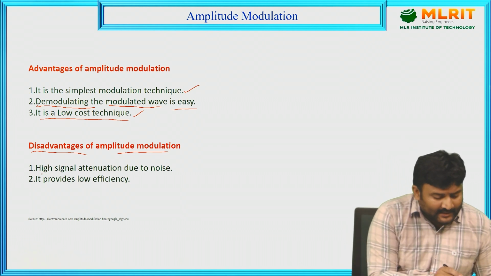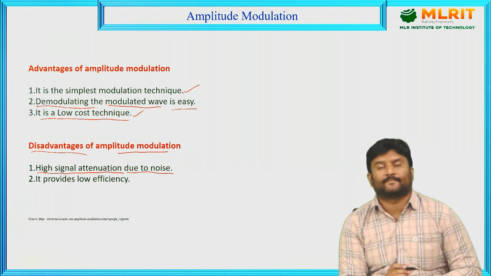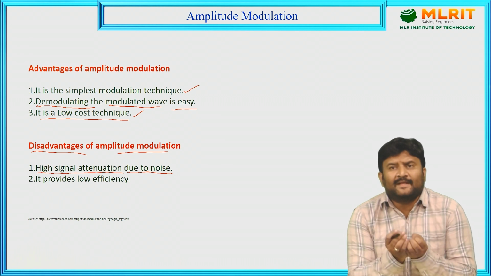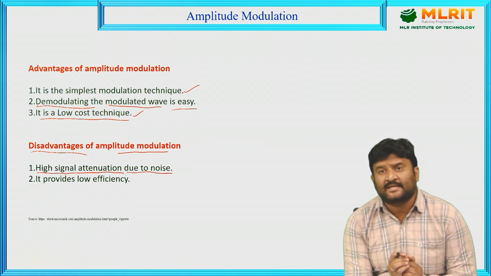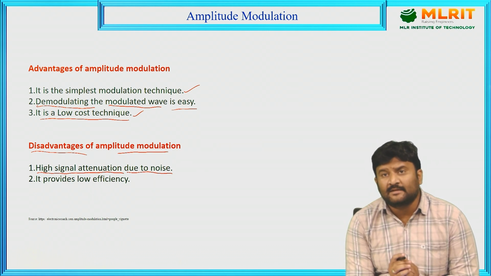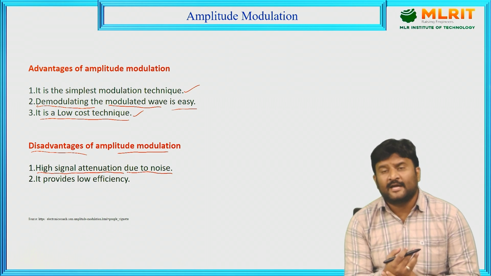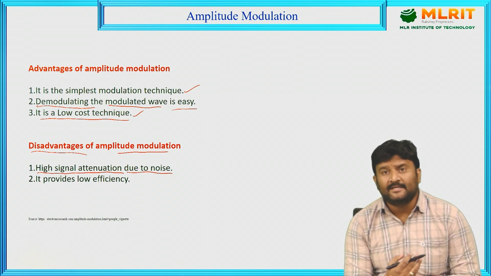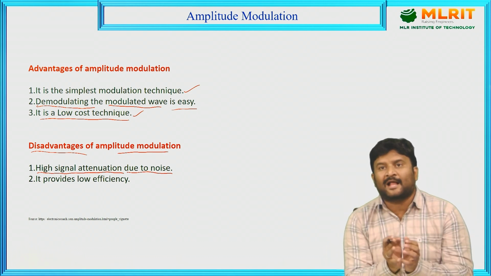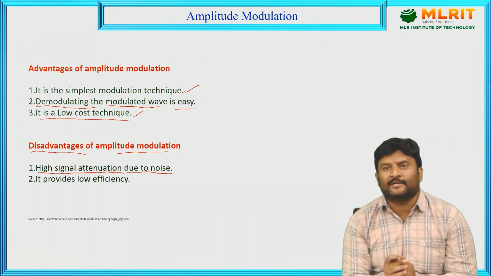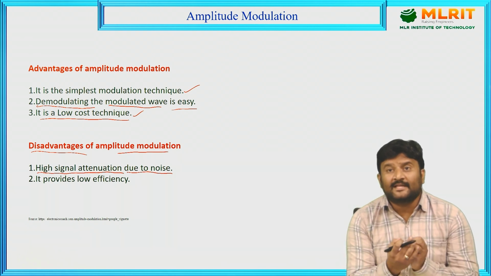The first point clearly explains high signal attenuation due to noise. The signal strength should be less. That means the input signal we are applying should be a low frequency signal. Low frequency signal means the signal should be in the audio range, for example in terms of hertz and kilohertz. Once you transmit these low frequency signals into the AM transmitter or AM modulator, then due to the processing, the signal strength is very less.